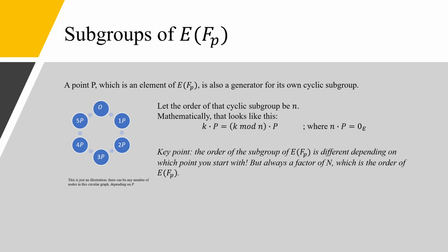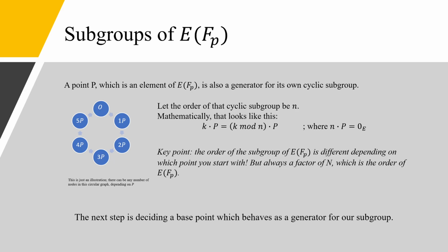Or if I had one subgroup of order 2, one of order 7, one of order 11, that means the order of the larger group would have to be 2 times 7 times 11, which is 154. Right? So that's how this works.